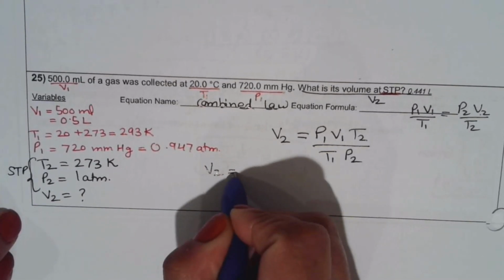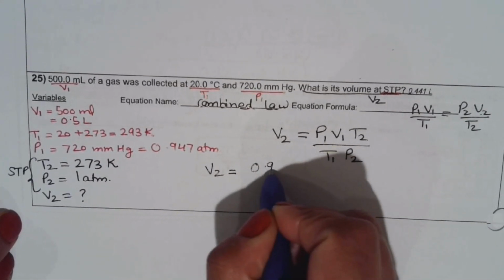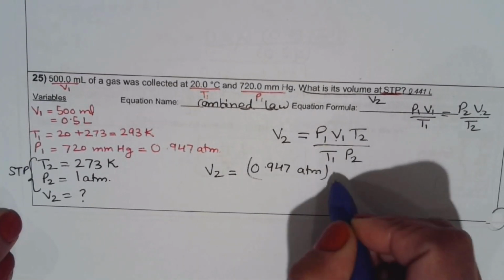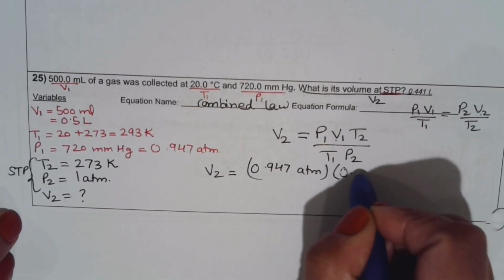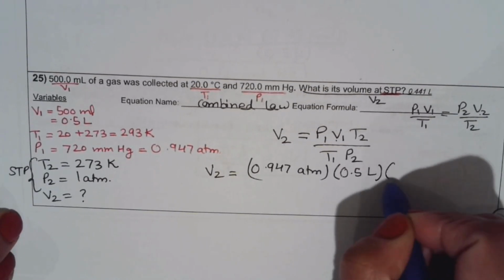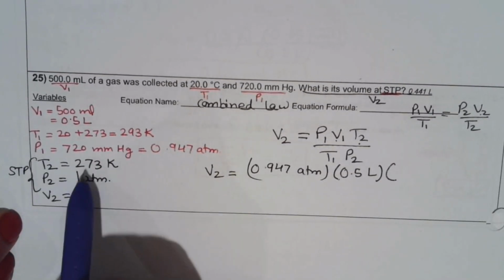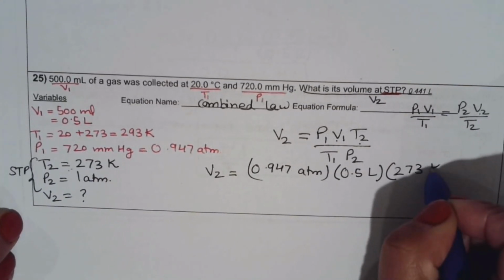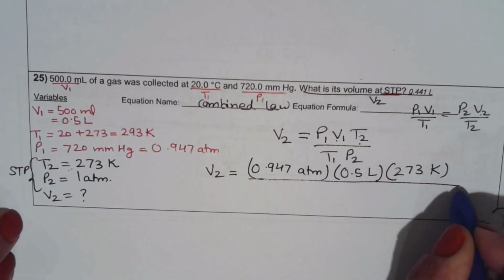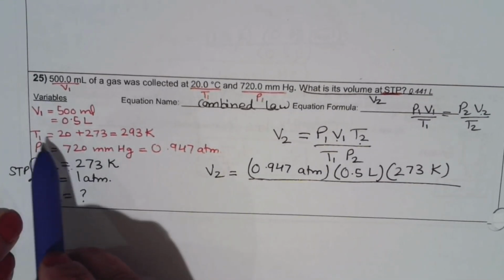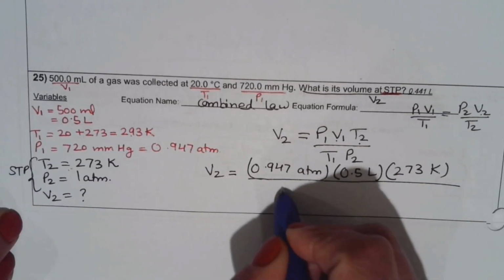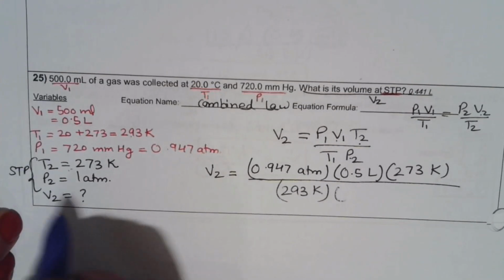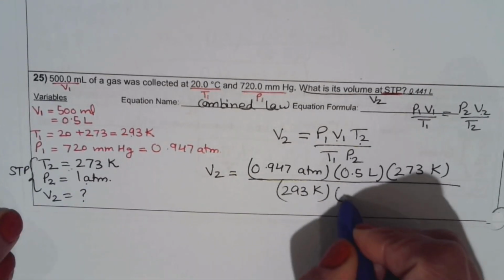So V2 comes out to be 0.947 ATMs, then V1 volume is 0.5 liters, then T2, which is 273 kelvins. And then in the denominator we have T1, which is 293 kelvins, and P2, which is 1 ATM.